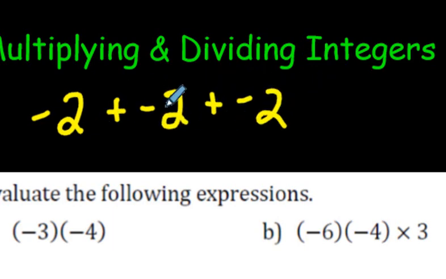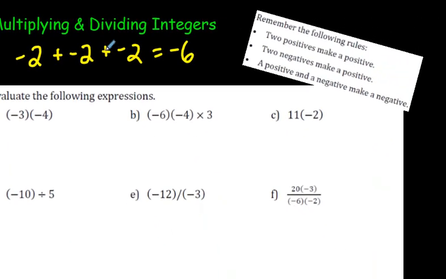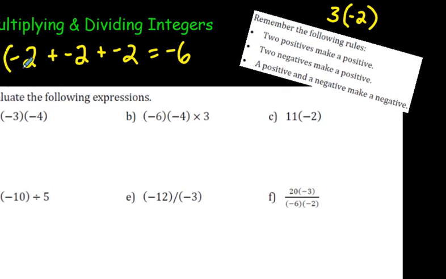I know that's weird, but if you watch the video previous to this, you're going to end up getting -6. But in multiplication, you can speed this up. It's like saying 3 times, and we put it in brackets sometimes, 3 times -2, which is exactly what we just did right here. We went -2 plus -2 plus -2.